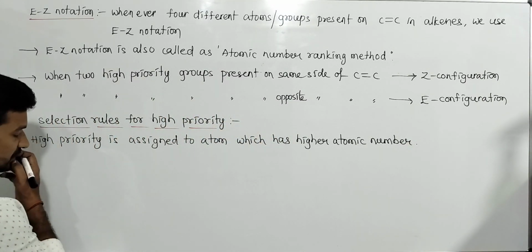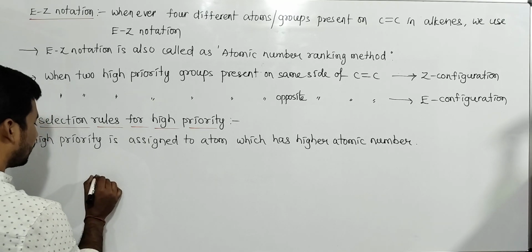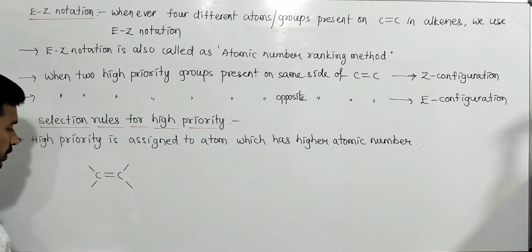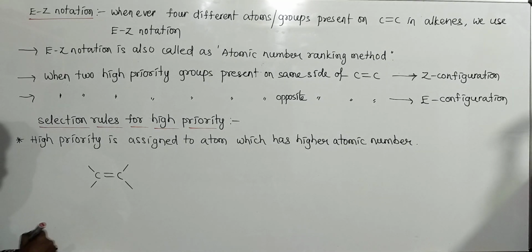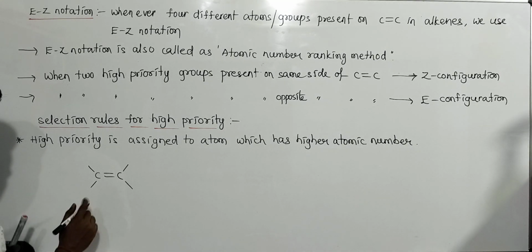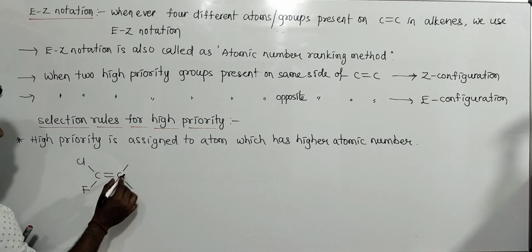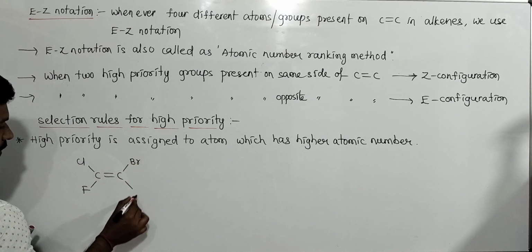For example, see here, I am taking one alkene. The groups are fluorine, chlorine, bromine and iodine.